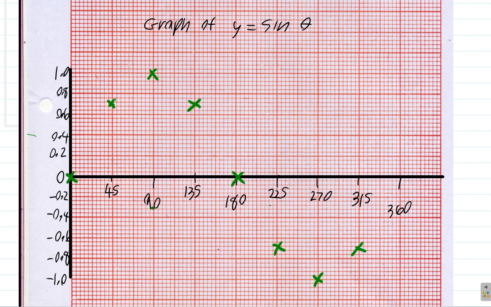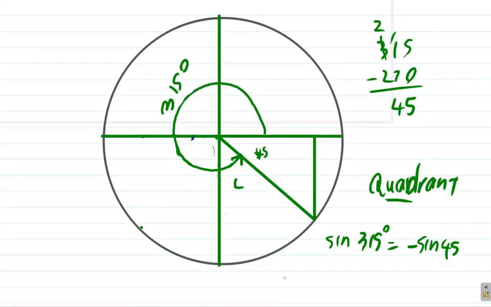And then what's the sine of 360 degrees? What would that mean? Well, if you go all the way to 360 degrees, it means you're coming right back here. So, your triangle would be this line.